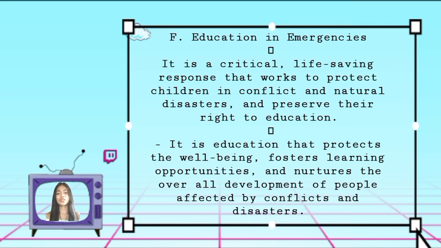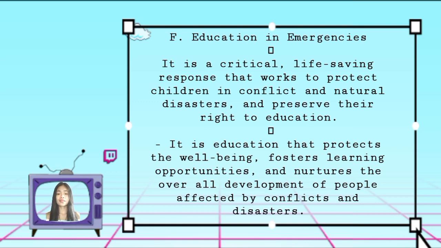Education in emergencies prioritizes the safety and protection of students, teachers, and educational facilities. Measures may include establishing safe learning environments, implementing child protection policies, training staff on safeguarding procedures, and promoting awareness of risks such as landmines, armed conflict, or natural hazards.